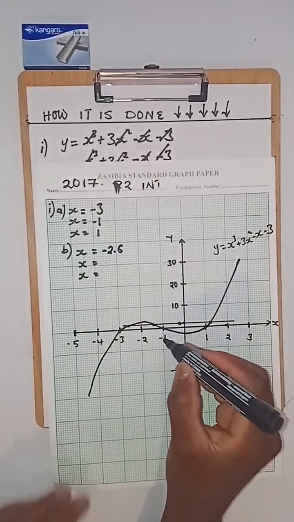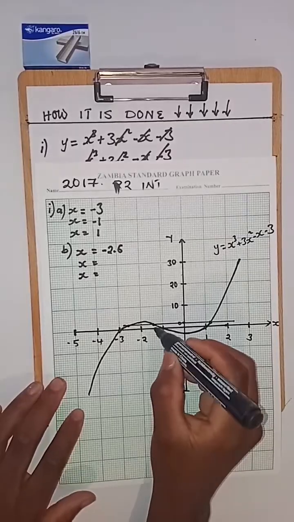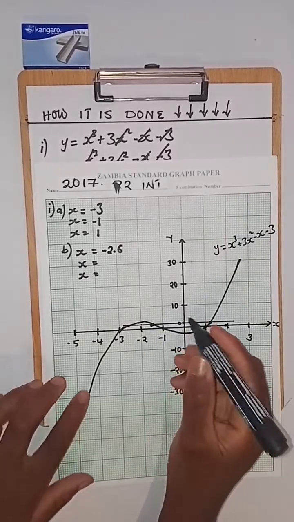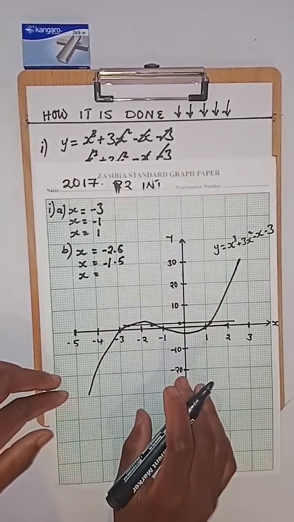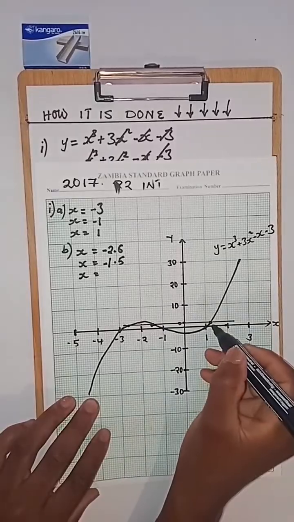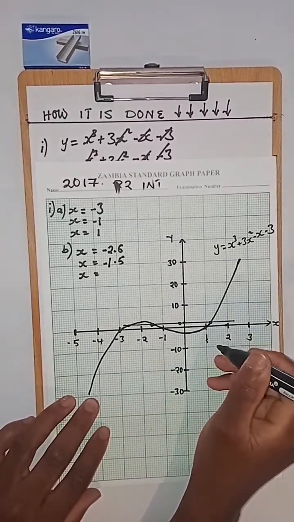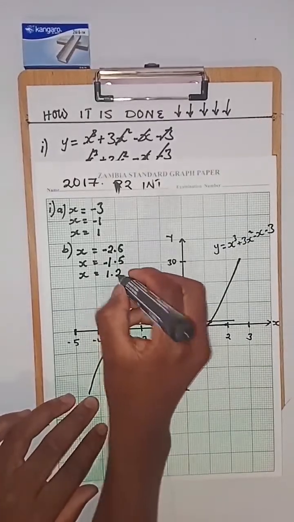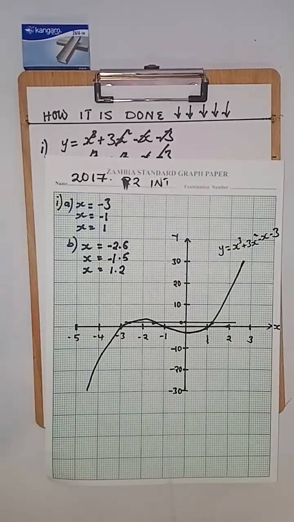This one here, we have negative 1.5, just right there. Okay, so we also have this point here, which is 1.2, just like that. So this is how you solve Roman numeral 1, A and B.